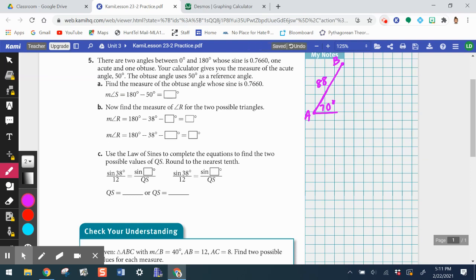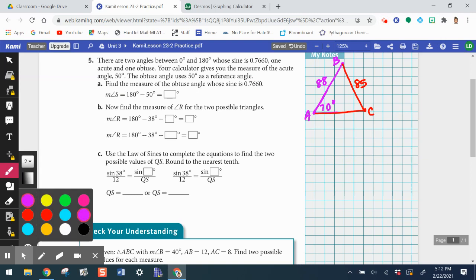And the distance from B to C is 85. So again, we have two possibilities, assuming this is 85 units and C could be here, which means that this is now the length of AC.